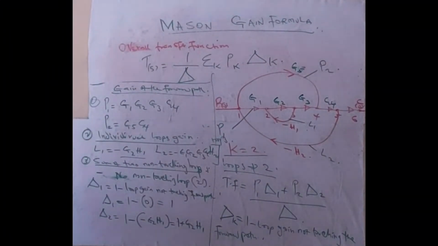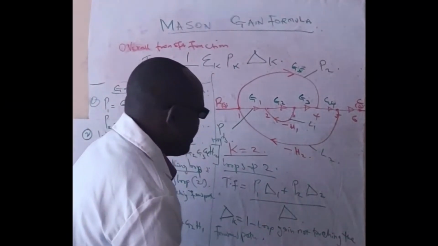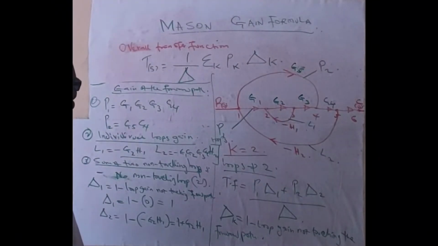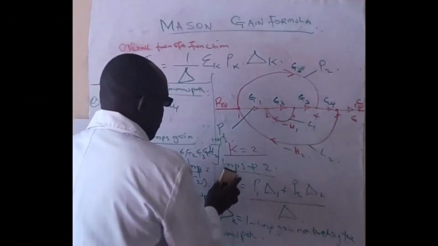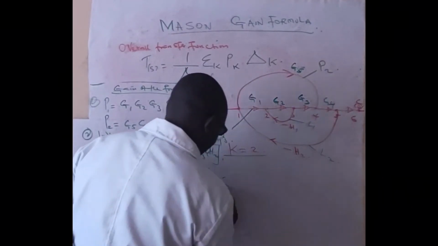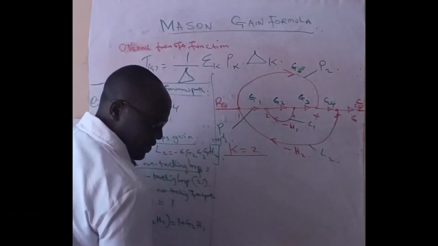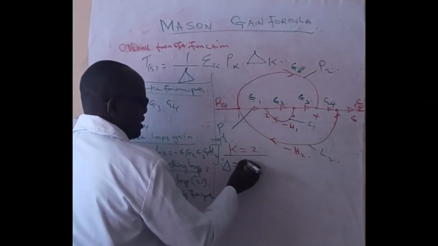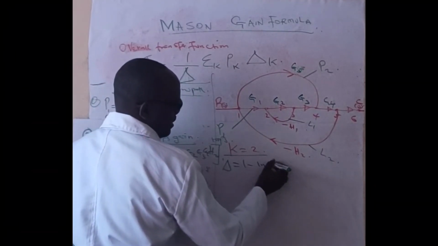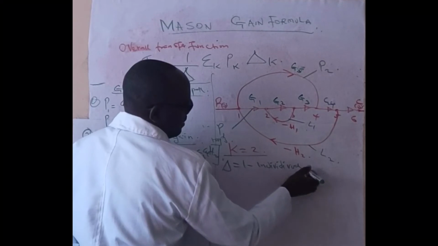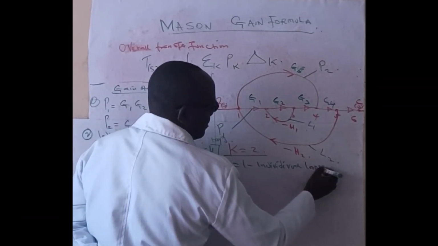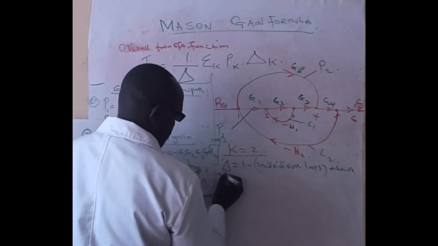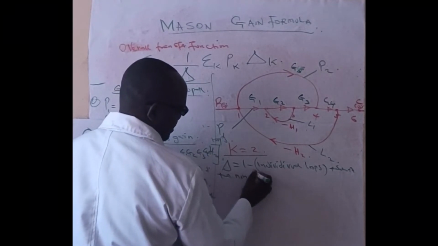Then lastly, the second class is to determine the total or the overall delta. Our delta is equal to 1 minus the individual loop gains plus the sum of two non-touching loops.